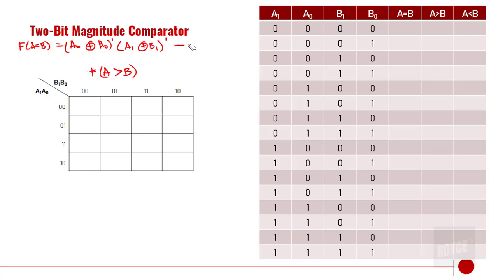This is our first equation. For our A is greater than B, yung min terms natin nandito sa 0, 1, 0, 0, and then we have 1, 0, 0, 0, 1, 0, 0, 1, and then this. Ayan. So, meron tayong 6. So, lagyan lang natin to ng zeros.